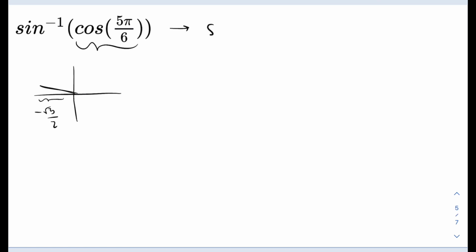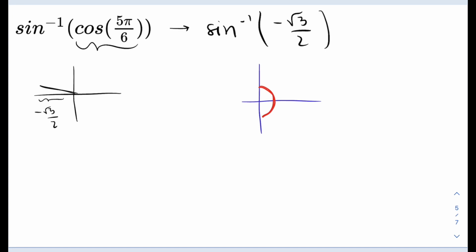So next I have sine inverse of negative radical 3 over 2. But since I am looking at sine, I am going to be looking again in quadrants 1 and 4. So I'm looking from here to here. It's negative, so I'm going down. I'm going down the longest distance. That's going to be this measure.